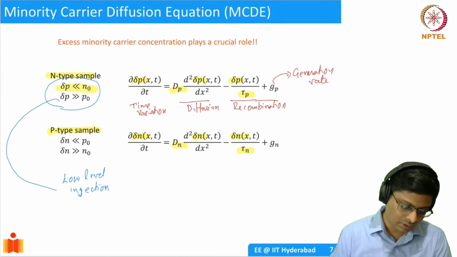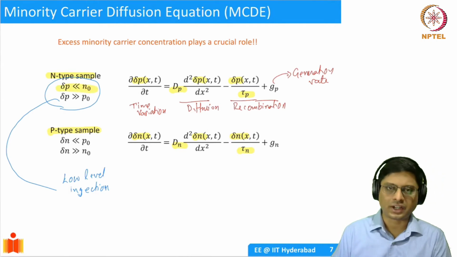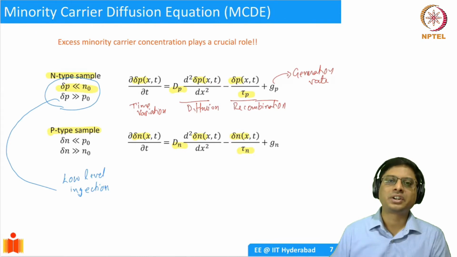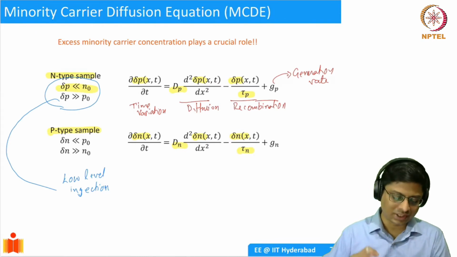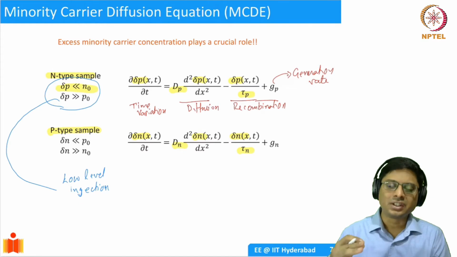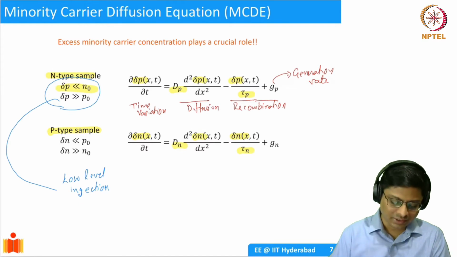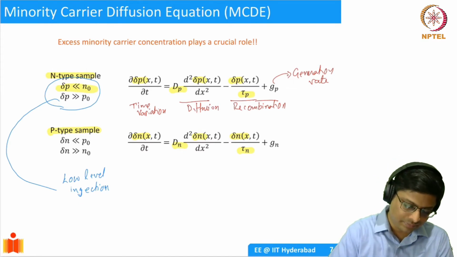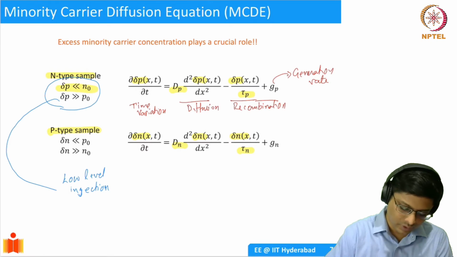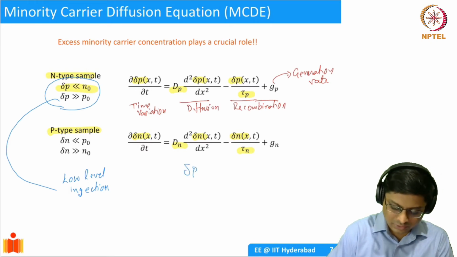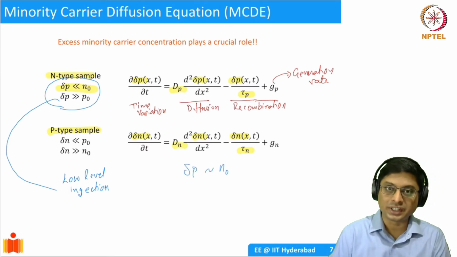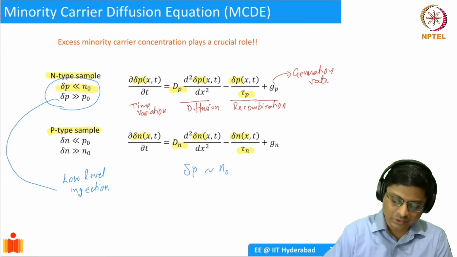The majority carriers are n naught, right? They are significant in number. We are not reaching a level where the minority carriers are reaching that level. Suppose you consider a situation where delta p is of the order of n naught, the majority carrier density, then this is called high level injection.